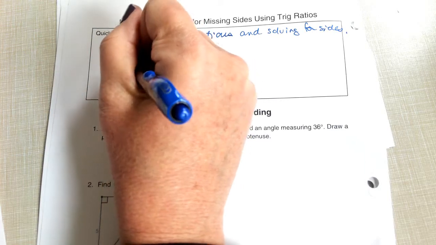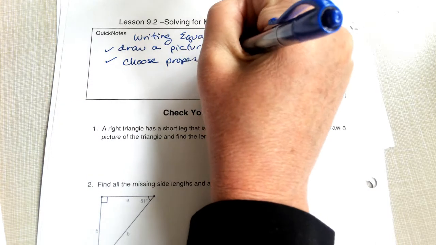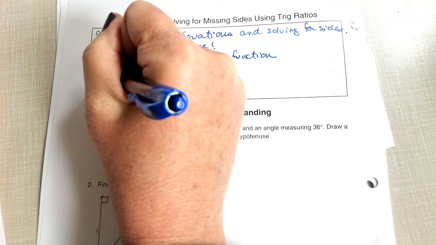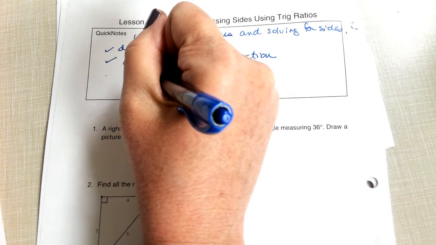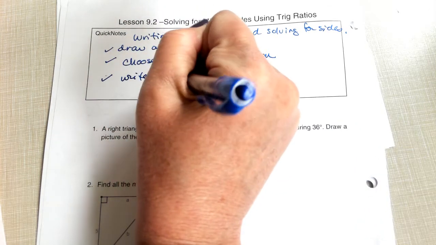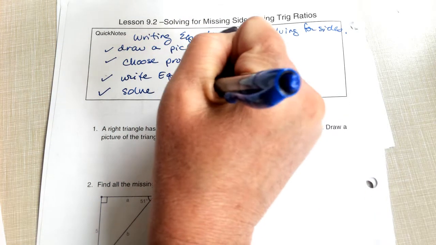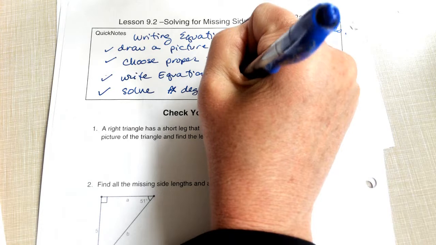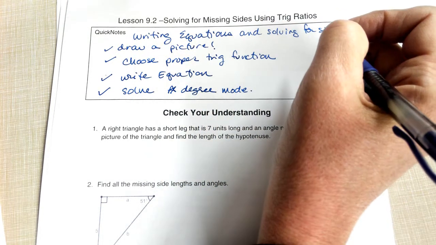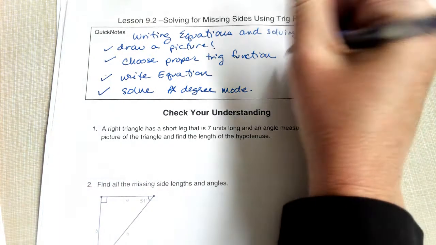You want to make sure you choose the proper trig function, and in that SOHCAHTOA family, you want to write the equation, and of course you want to solve it. Make sure you're in degree mode.